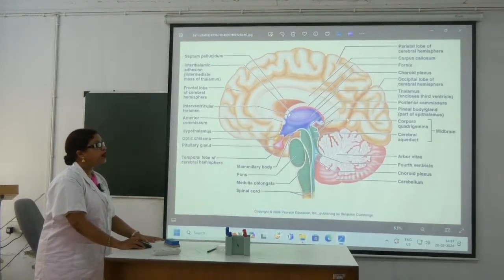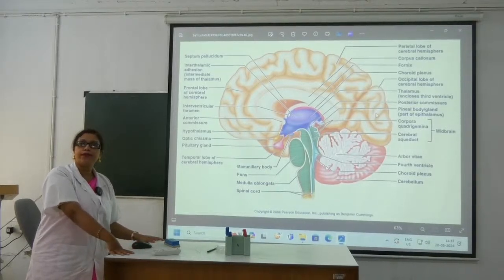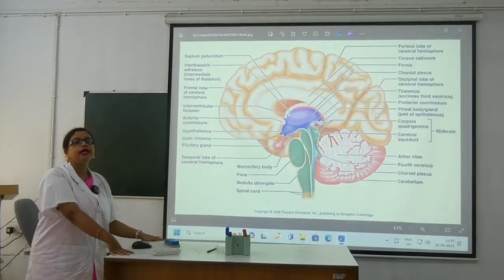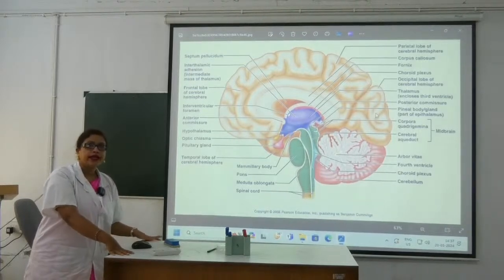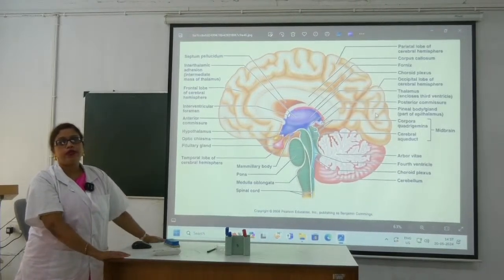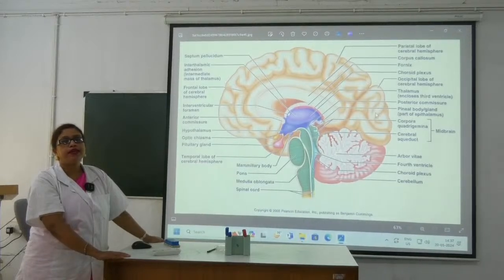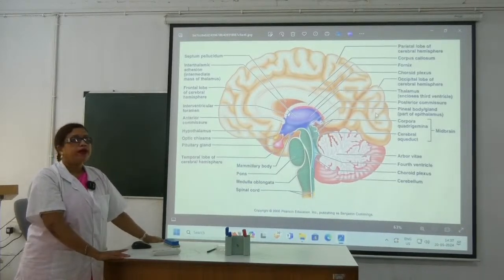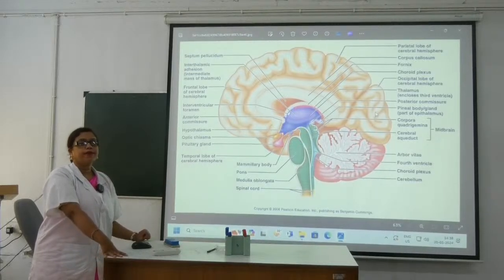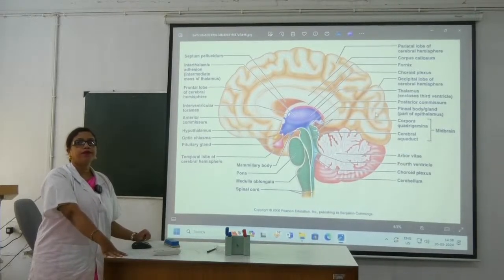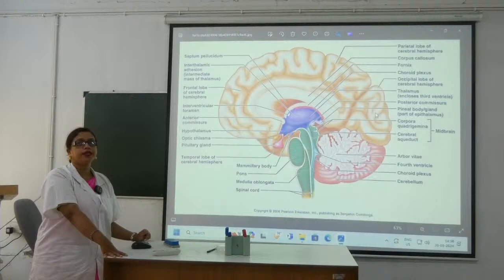So the dura mater which is separating the occipital lobe of cerebrum and the cerebellum, that is known as tentorium cerebelli. The dura mater which is separating the occipital lobe of cerebrum from the cerebellum is known as tentorium cerebelli.